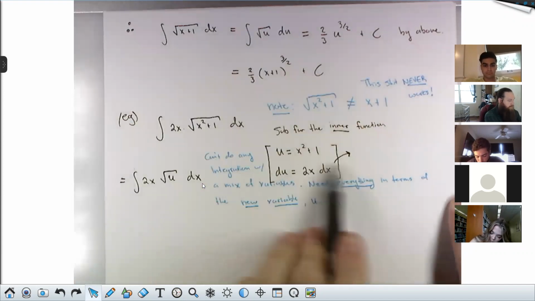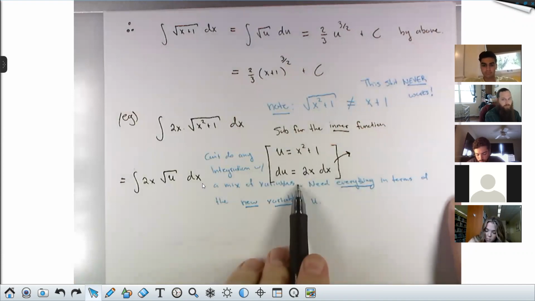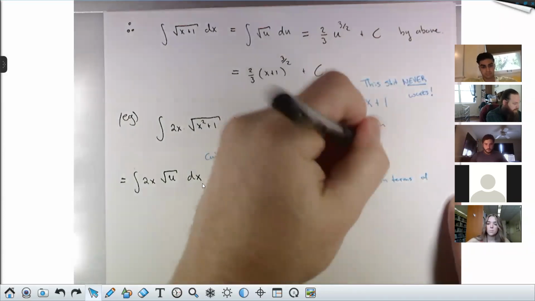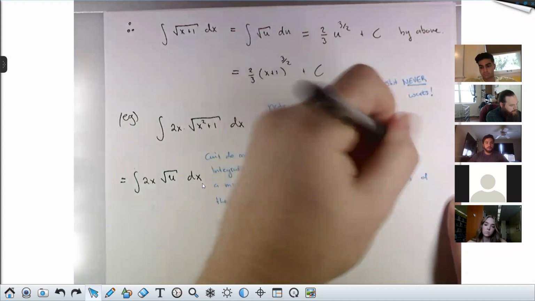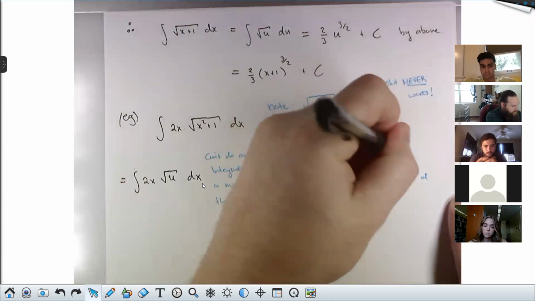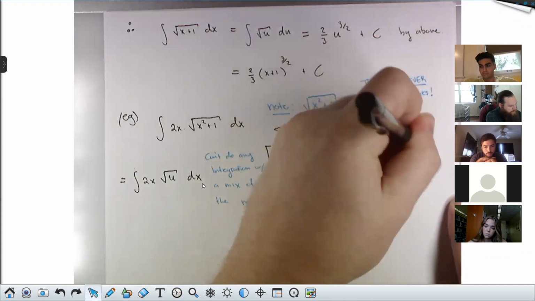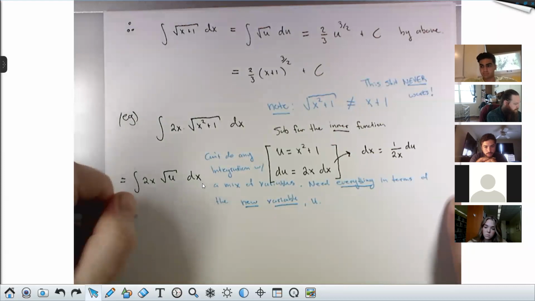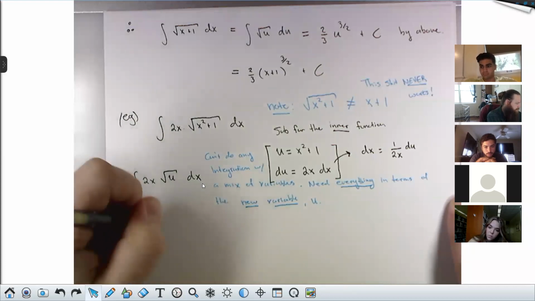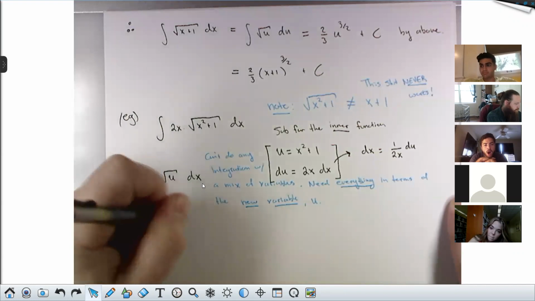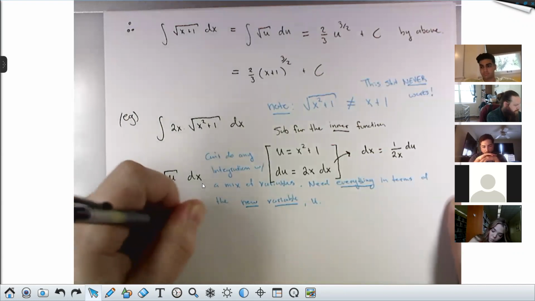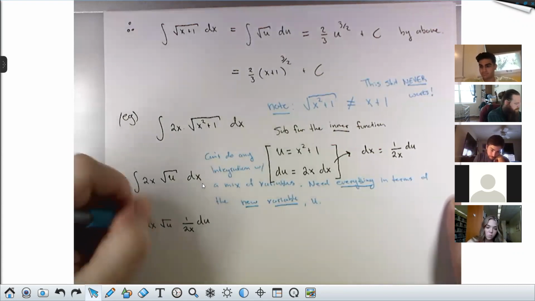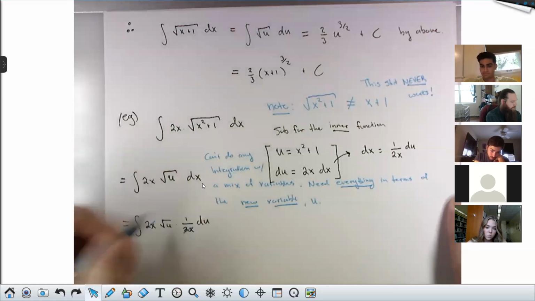You come back over here and you solve this for dx, right? So if I want to solve du equals 2x dx for dx, I get dx equals 1 over 2x du. And then you plug that in. So here you'll have integral 2x square root of u times 1 over 2x du. And miracle of miracles, the 2x's cancel, because everything here is being multiplied.